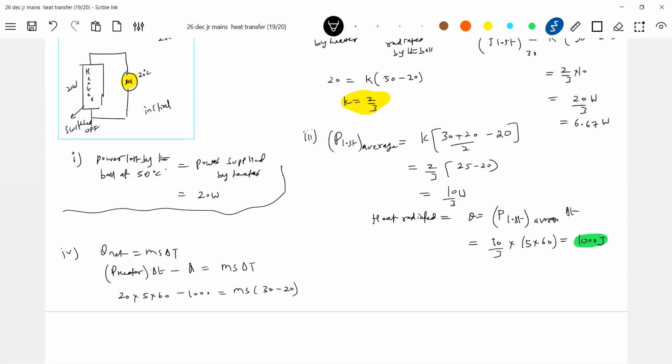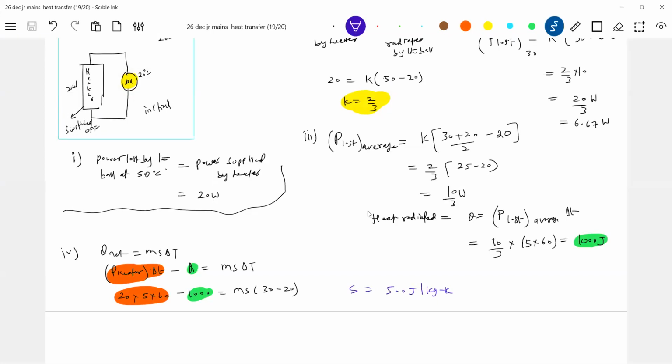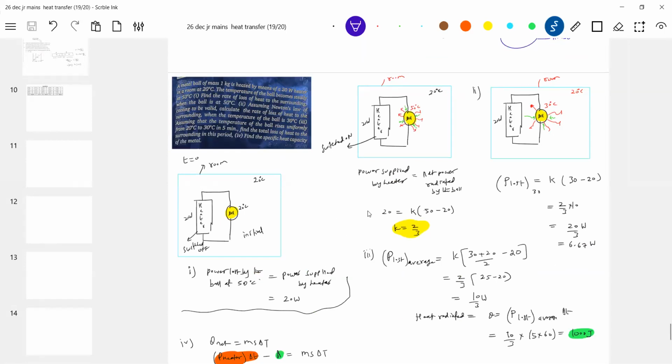Mass of the body is given. Find it in joule per kg per Kelvin. Newton's law of heating and cooling is what we know. So some problems can be like this. Only thing is the student has to visualize the situation very clearly.